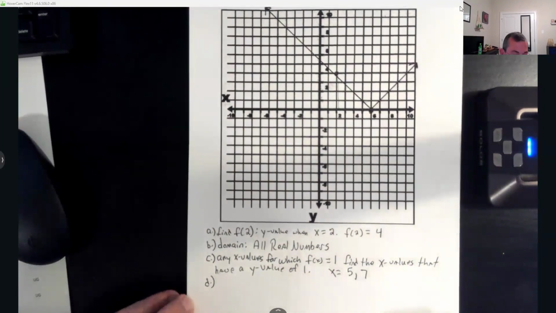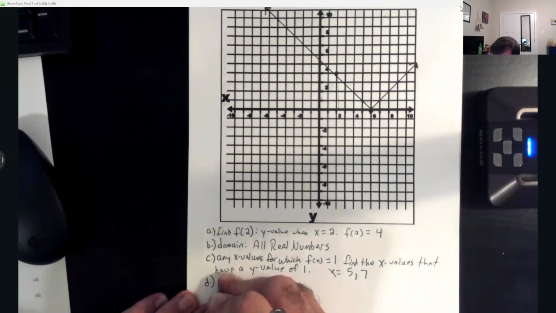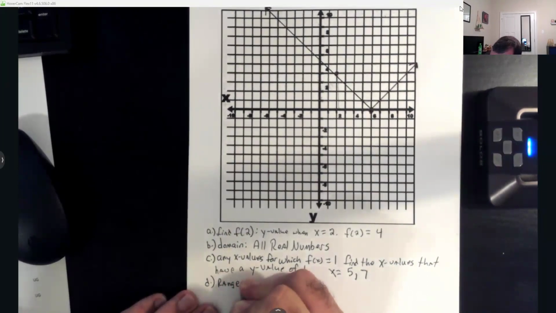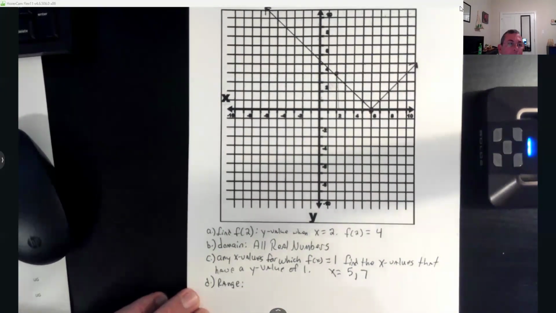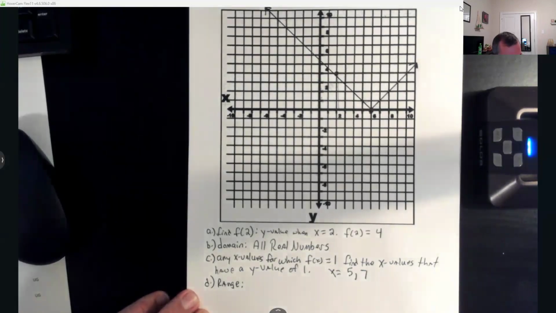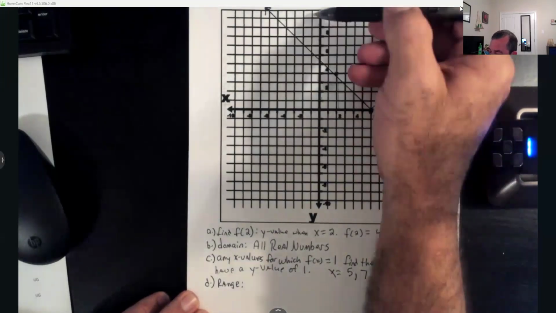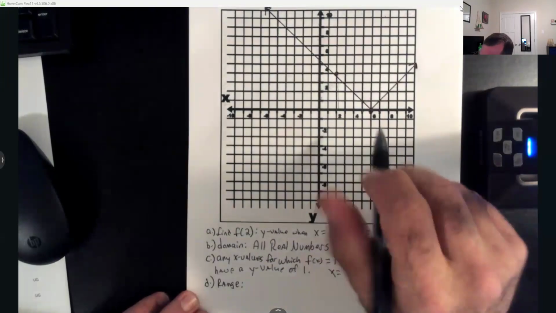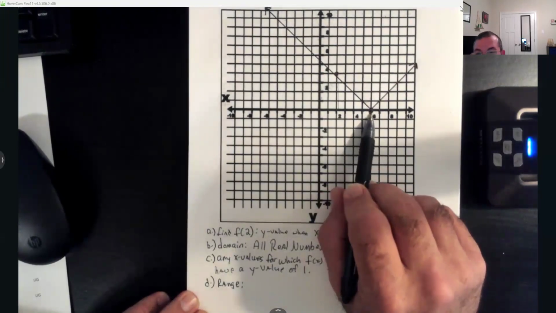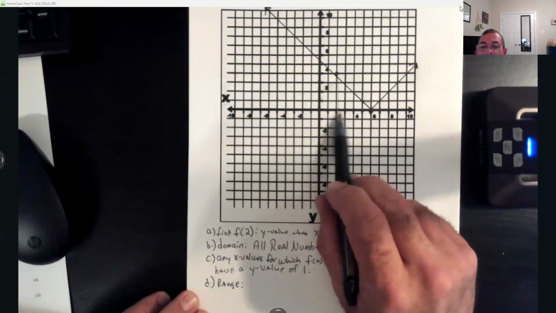And y'all guess what? The last one they want is the range. Now remember, my range is my y values. So here's my y-axis. Now if you notice, this smallest point right here is on the x-axis.